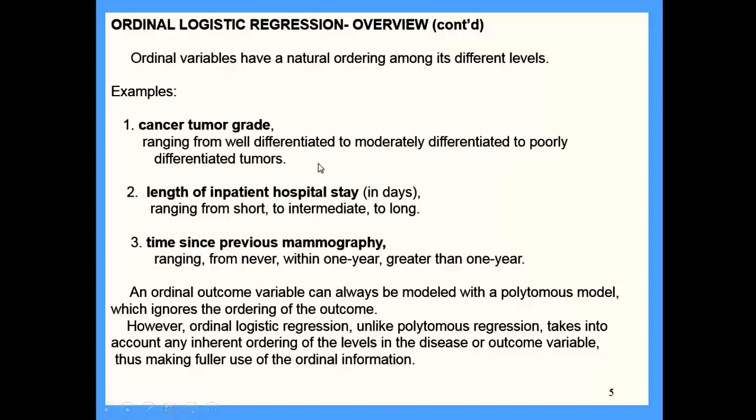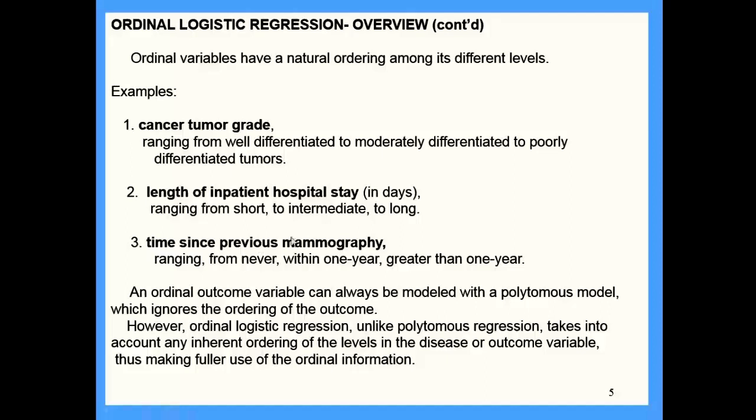That's ordered. If that's your outcome, maybe you want to consider doing ordinal logistic regression, as long as this proportional odds assumption is satisfied. Length of inpatient hospital stay: short, medium, long. That's ordinal, right?